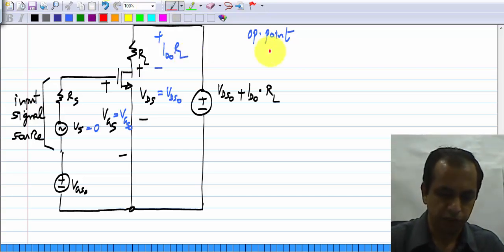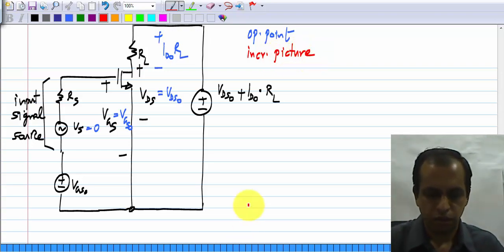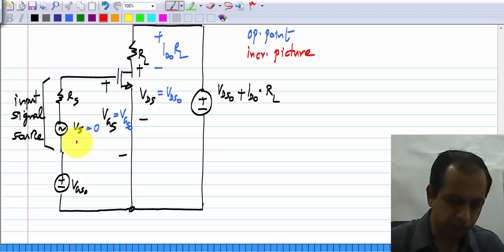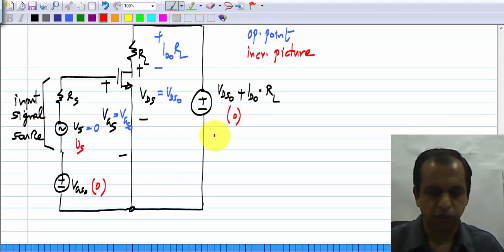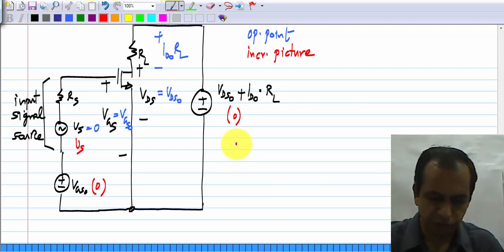And in the incremental picture, which I will show in red, there is only one incremental source here, which is Vs. So, this will be Vs, this will be 0, which means it becomes a short circuit, and this is also a 0, it becomes a short circuit. So, the incremental picture reduces to what we want.